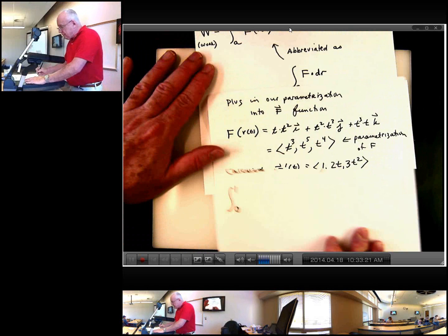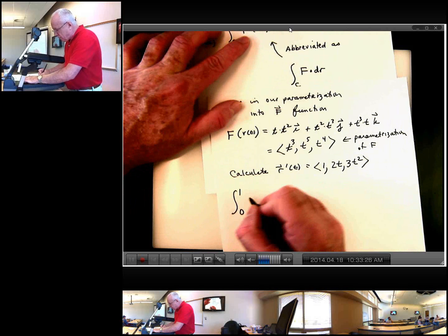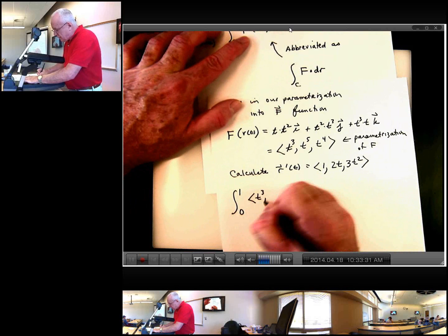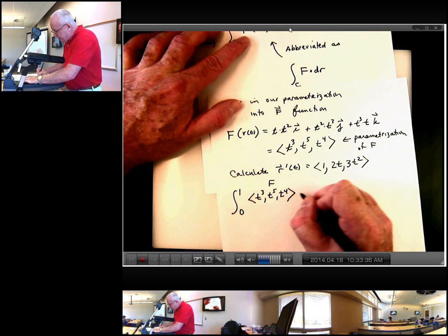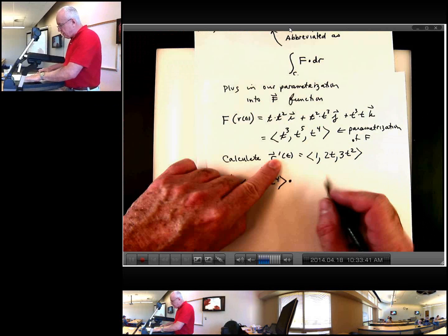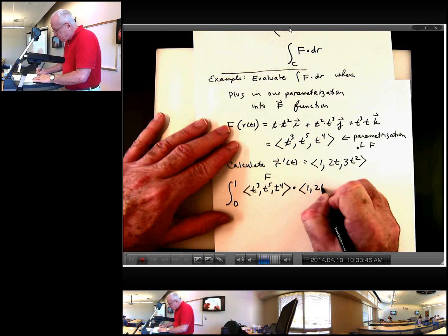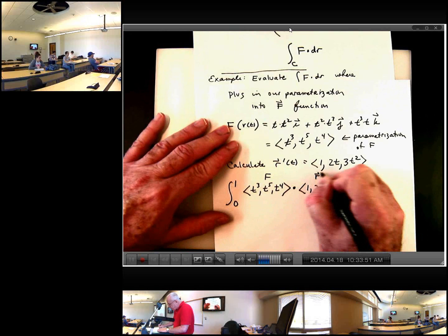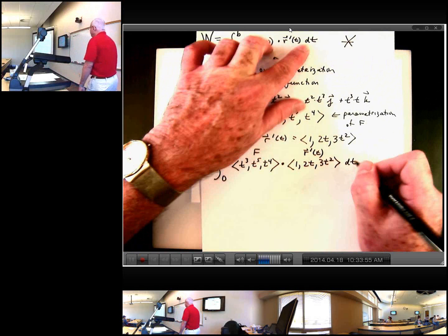And then we're going to dot product. Here's our F function with the parameterization: t to the third, t to the fifth, t to the fourth. That's our F. And we're dot producting that with the derivative of our curve. So that's 1, 2t, 3t squared. That's the derivative of the curve. And then we just put dt at the end.